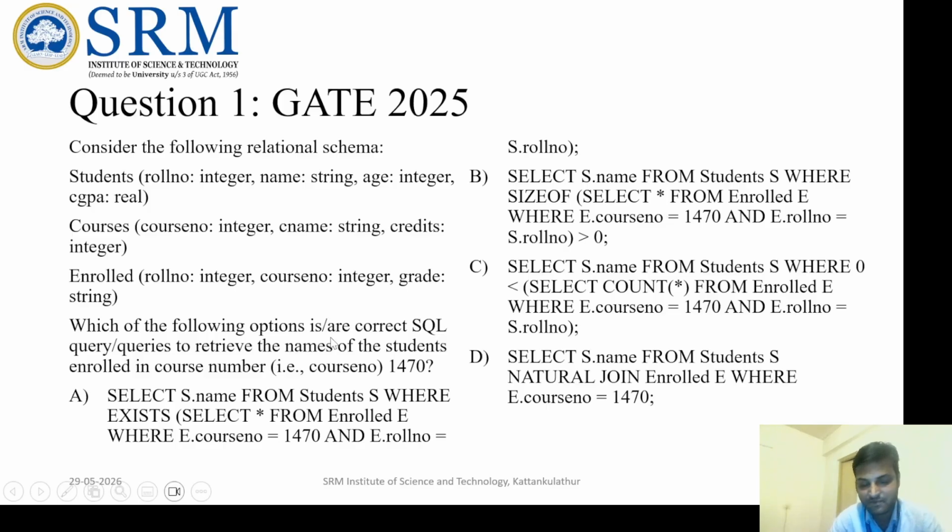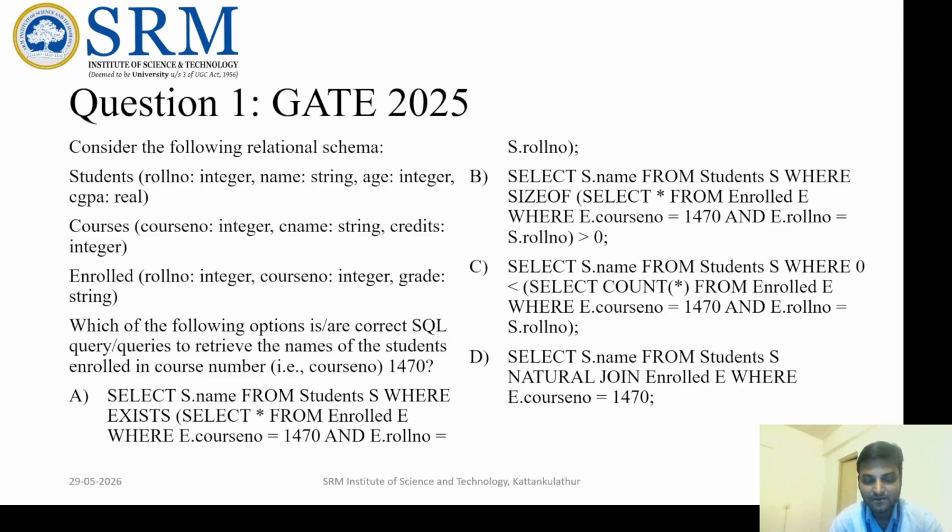So multiple options may be correct, not only one. Okay, so we have to check each and every option. We cannot check only one. Sometimes students do that due to lack of time, but that is risky, so we have to check each and every option.